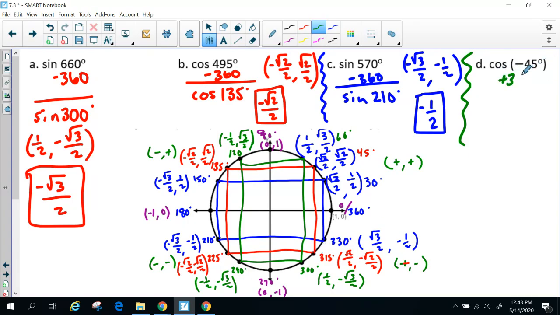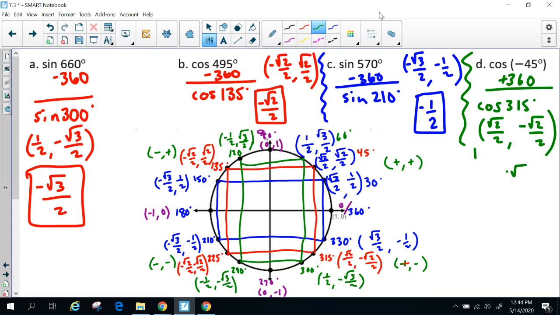Otherwise, you can always just add 360 degrees. We're looking for the cosine of 315. If we rotated 315 degrees, it lands us at root 2 over 2, negative root 2 over 2. And cosine's just the x value. So we just get root 2 over 2 there.